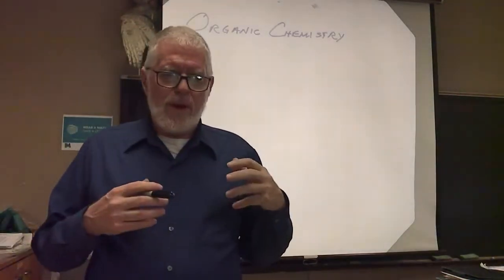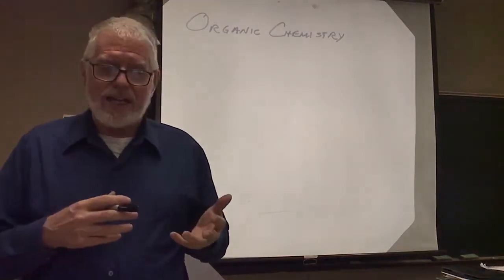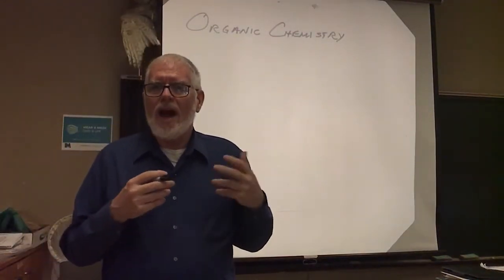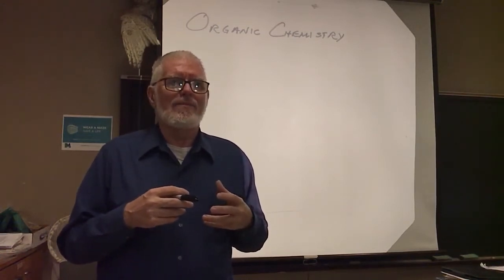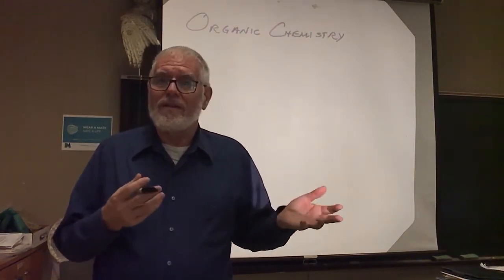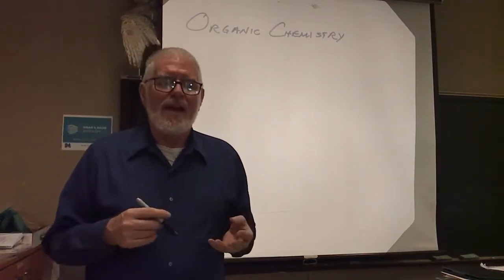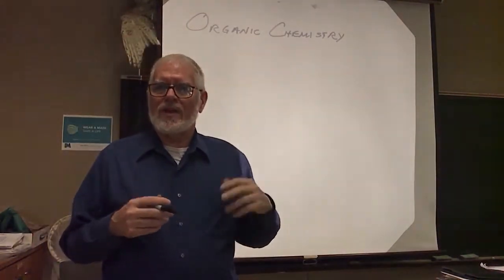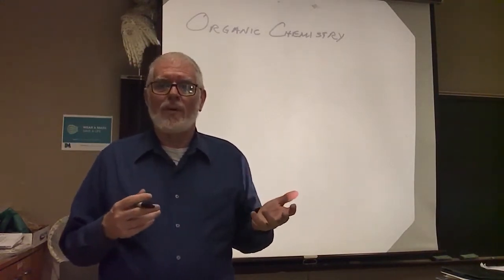And one of the first things you do is try to break stuff down to see what's in it. If you dry up organic material, you dry up living material, and then you burn it to break it down, you wind up with carbon. And in its very earliest form, organic chemistry was chemistry having to do with carbon.